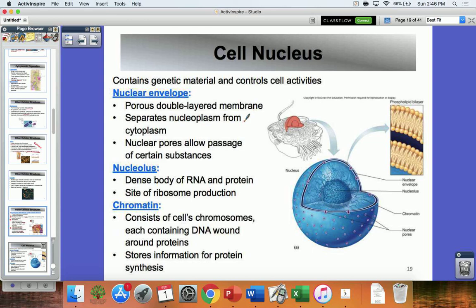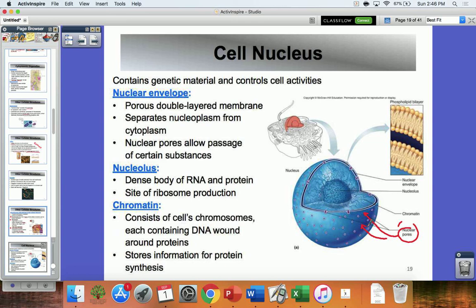We have somewhat a nuclear membrane or nuclear envelope that allows things in and out of the nucleus. And so it allows certain substances to come in and out of the nucleus. And so here is where you'll see our nuclear pores, those little small structures there, those openings within it that allow things in and out.